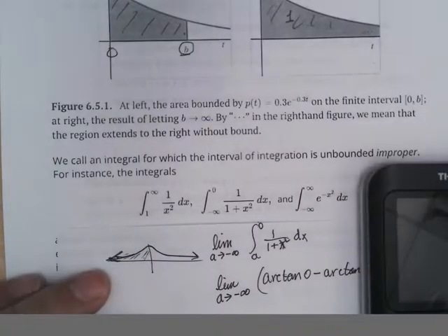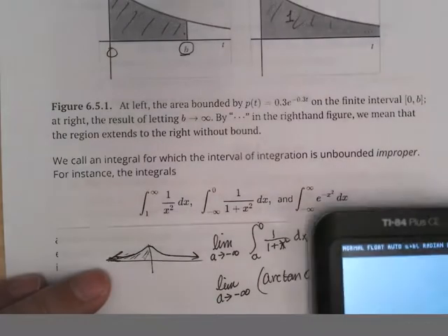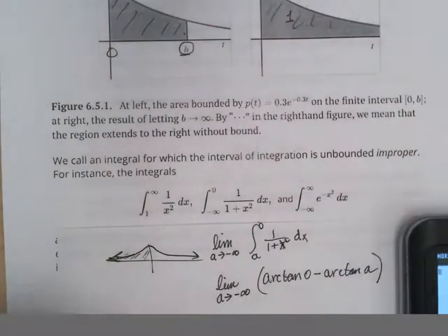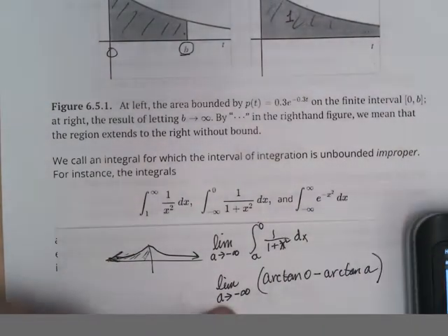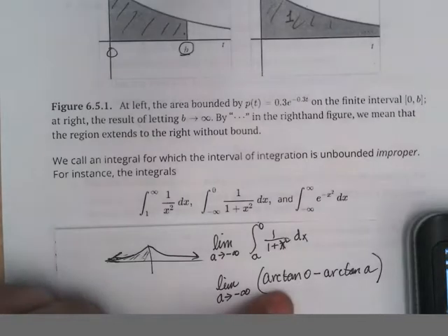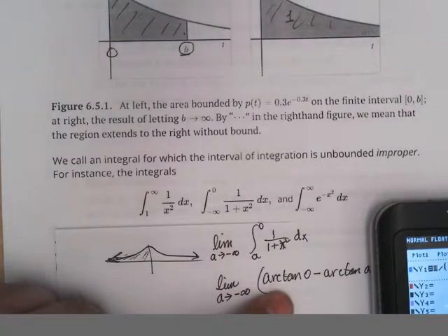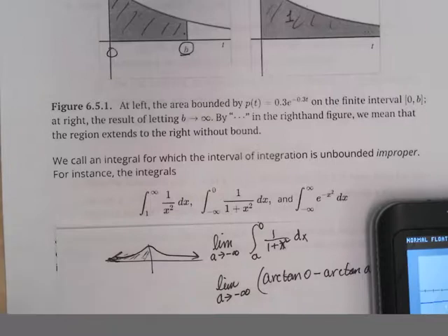Okay, so to have a better idea of what's going on here, let's graph arctangent. So I'm going to go y equals, I'm going to clear that and go in arctangent, which is tangent inverse, second tangent inverse of x. Graph.